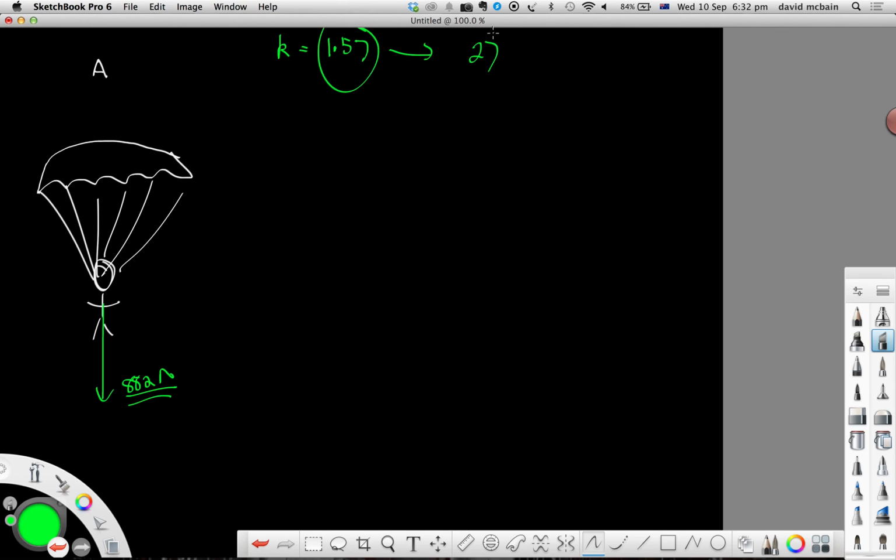So it's gone from that value to that value, which means our drag force is going to absolutely explode. It's going to be huge. So our drag force is suddenly going to get really large. Now, our weight force hasn't changed, but our drag force has suddenly become huge. So our net force will in fact be in that direction. The net force will be up.